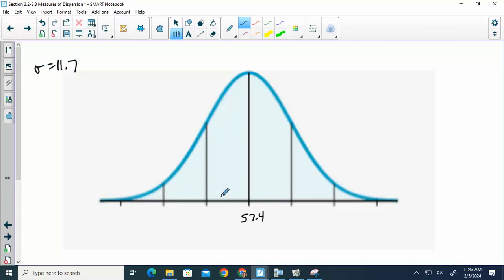So to get your standard deviation, you have to do 57.4 minus that. I'm going to go ahead and get all of these. I could just keep subtracting it. And then to get above, you would add your standard deviation. So 1 time, 2 times, 3 times.